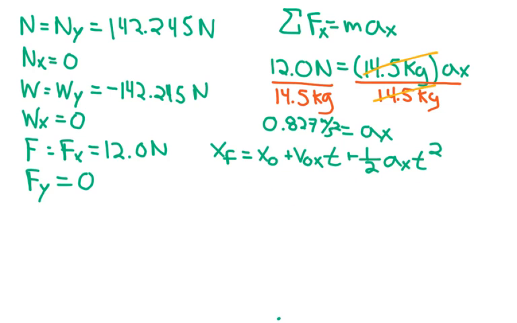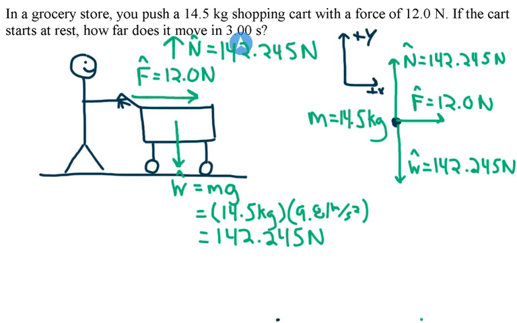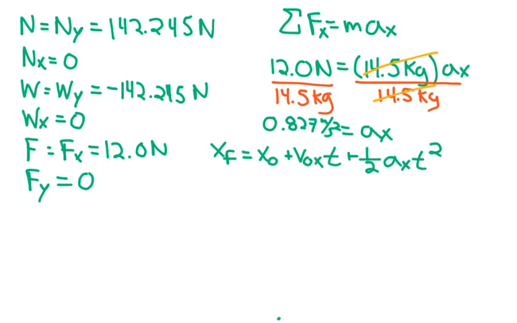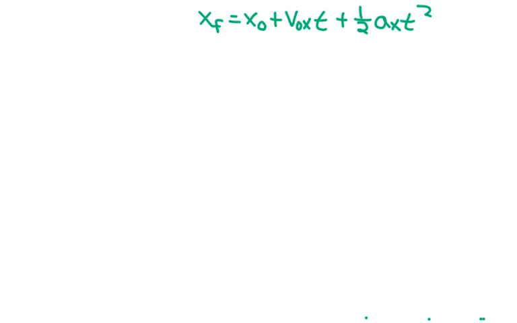Now, to keep this consistent with the problems that we've done previously, I'm going to go to the next slide, and I'm going to write down everything that we know about this problem in the x direction. So we know the time is 3 seconds, which is a scalar quantity, so I don't have to worry about breaking it into x and y components. So I'm just going to write t is equal to 3.00 seconds.